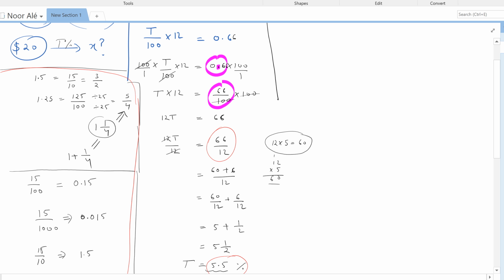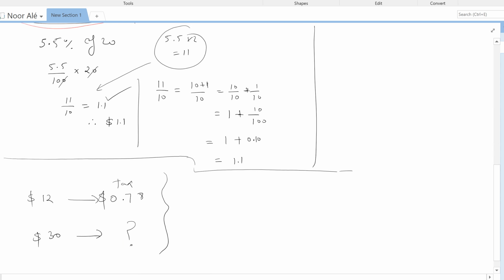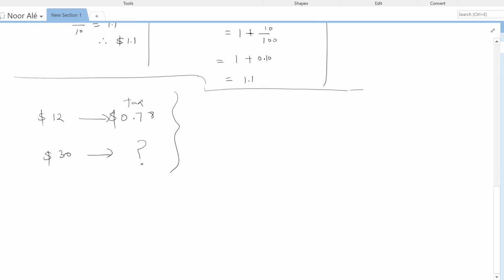Sorry, but 72 divided by 12 is 6. Okay, so that's what you did. I'm a little bit confused. All right, so let me write it down. Right now you have 78 over 12.